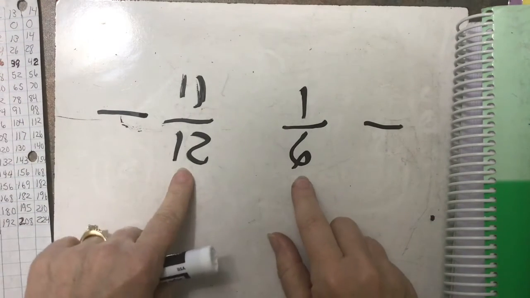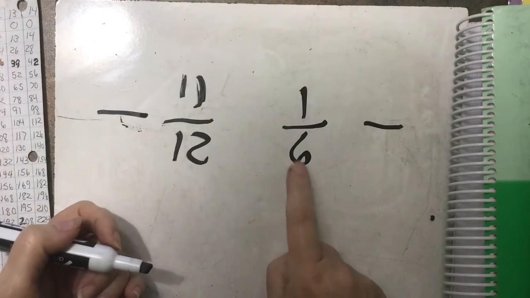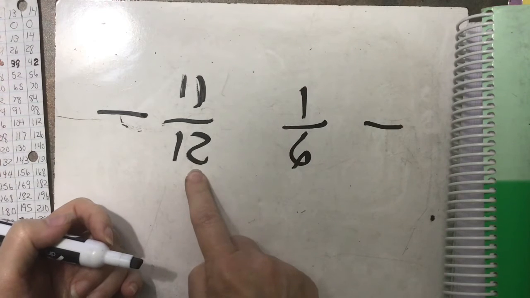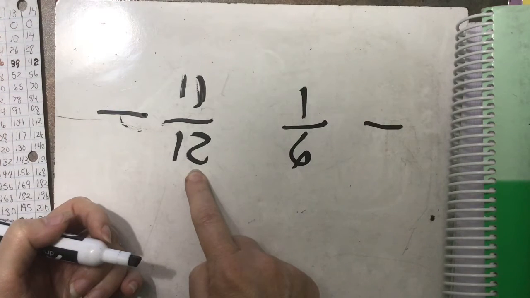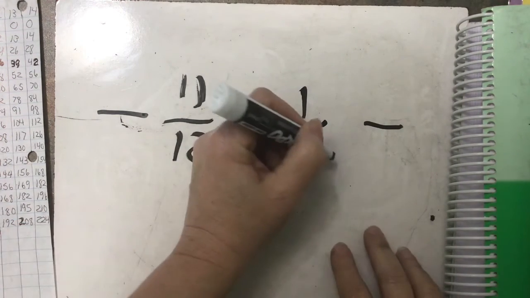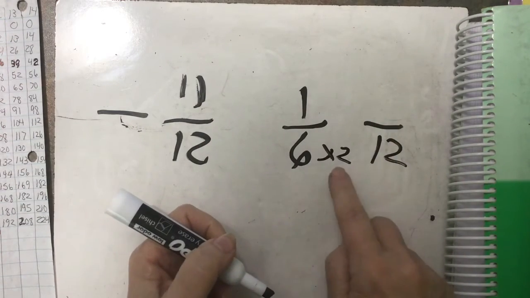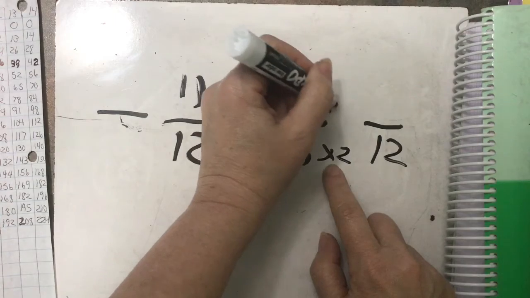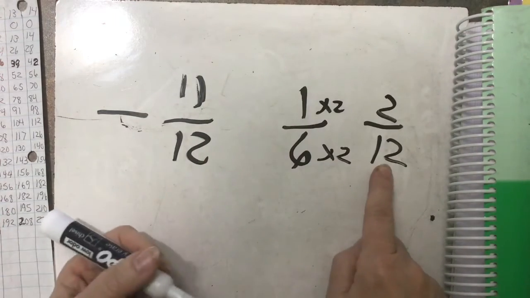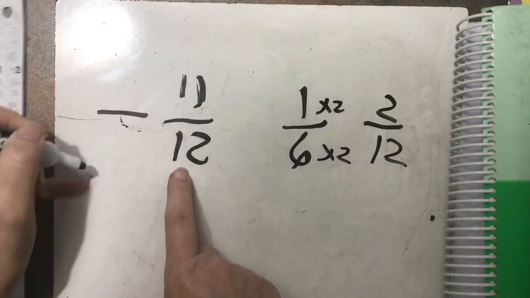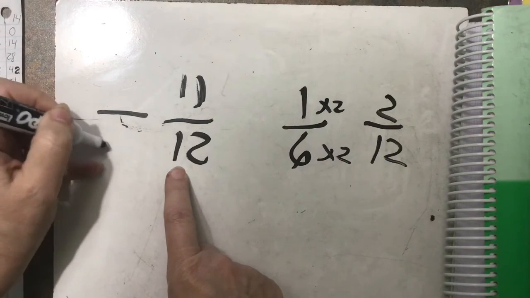Okay, so can I change the 6 into a 12? Yes, I can. 6 times 2. So that's going to be 12. Now, whatever I do to the bottom, I must also do to the top. So this one is going to be 2/12ths. This one is going to stay the same because it's already a 12.